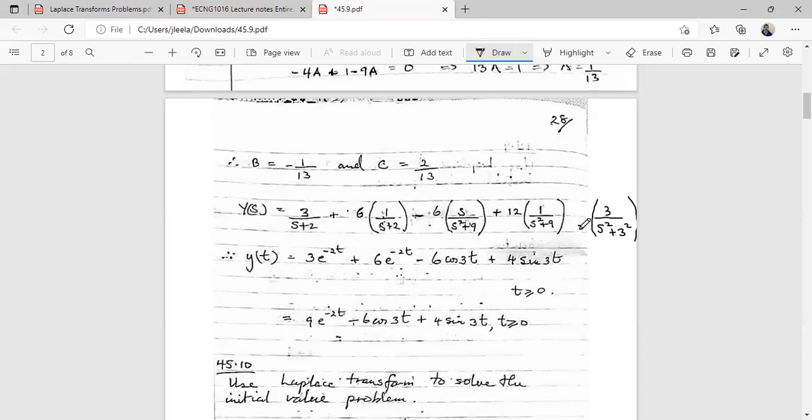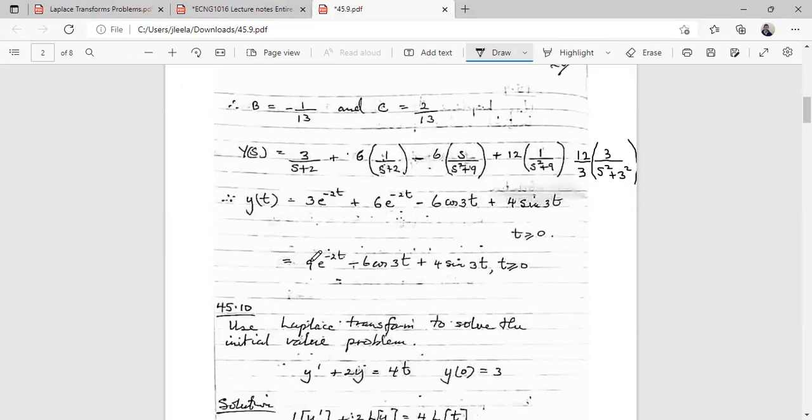And then if you have a 3 here now, you have to divide that by 3, right? So you divide this 3 by this 3, they cancel, and then when you multiply by the 12, the 12 divided by 3 is 4. That is how you get the 4 here in front. So 4 sine 3t.